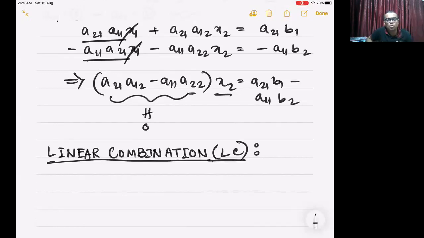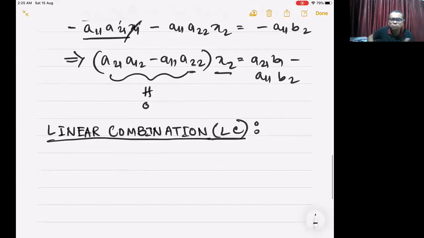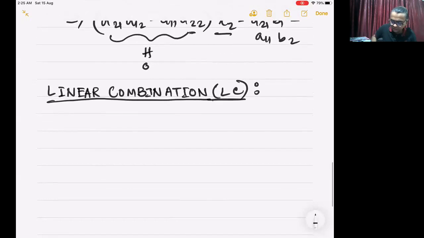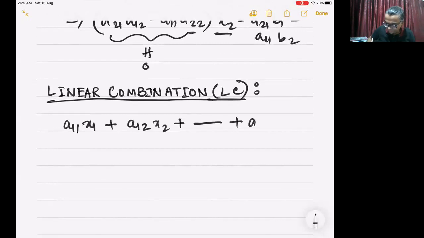Now, what is a linear combination? A linear combination essentially means the following. Once again, go back and recall that we have equations given by a11 x1 plus a12 x2 plus dot dot dot up to a1n xn equals b1.